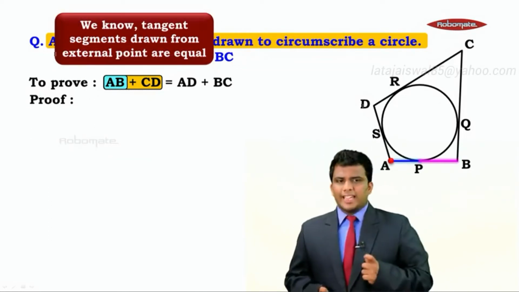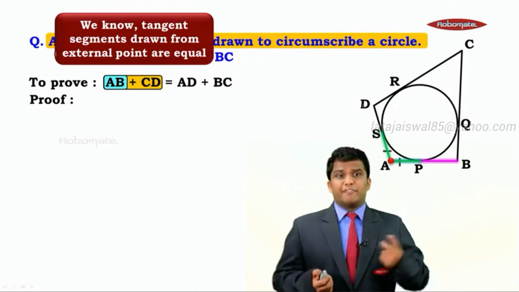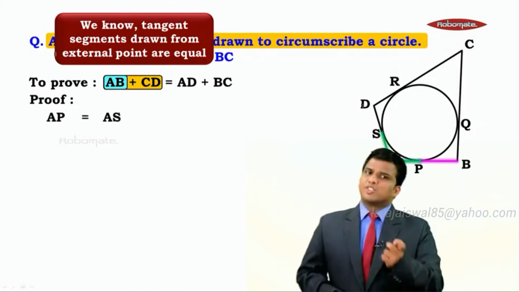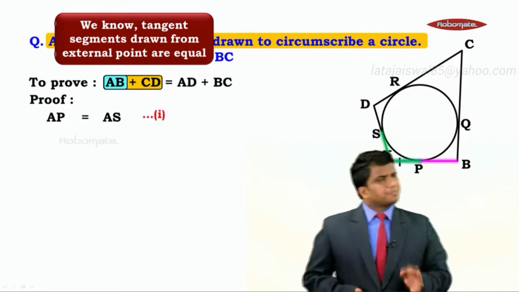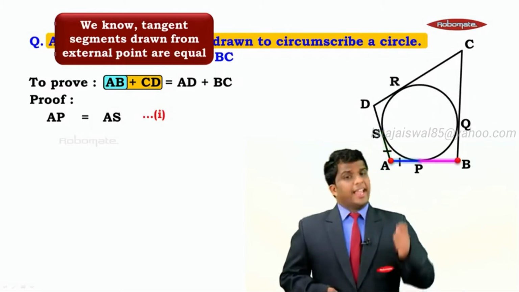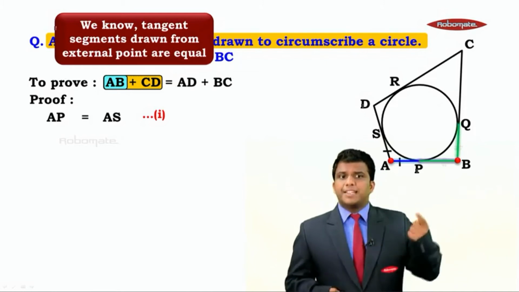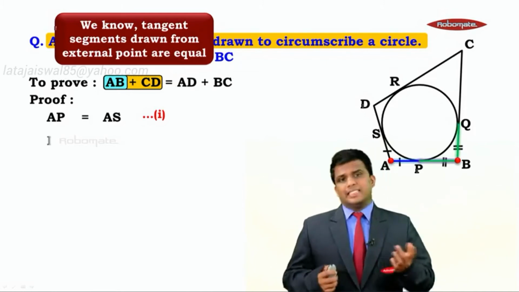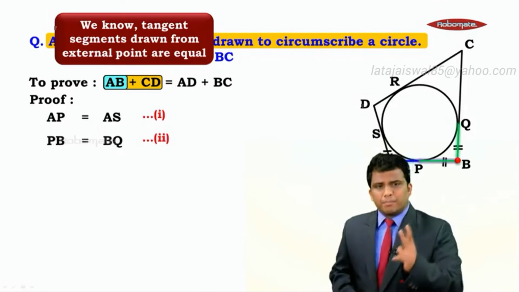So from A, we have two tangents, that is AP and AS, and the lengths are always equal. So we write down AP equals AS, result number 1. In the same way, B is also an external point, and from B there are two tangents to the circle, BP and BQ, and according to the property, the lengths are going to be equal. So PB equals BQ, result number 2.